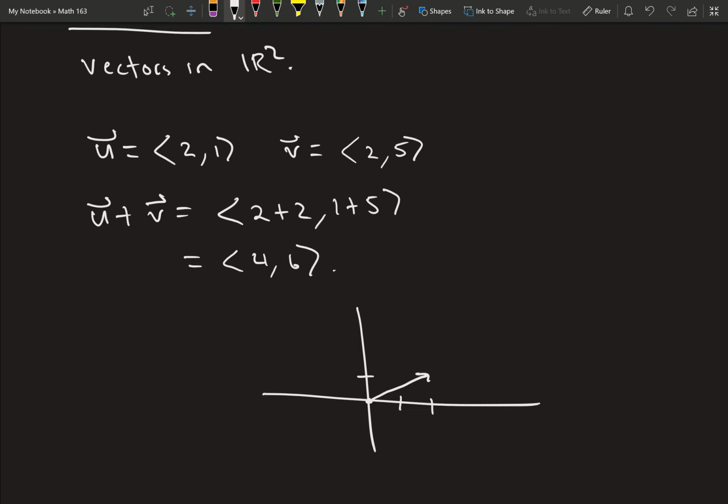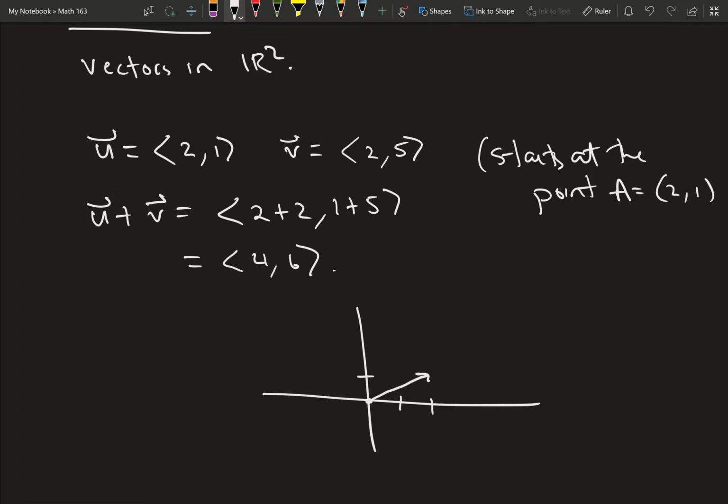So let's say V starts, just to match it up with our picture, at the point A equals (2, 1).